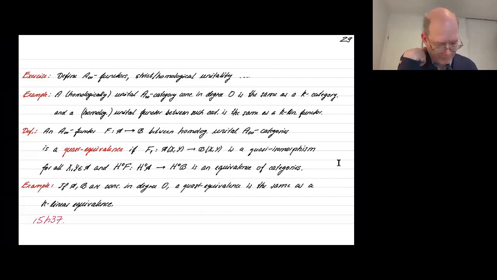So this is the natural extension of the notion of quasi-equivalence between DG categories. And if our categories are concentrated in degree 0, then a quasi-equivalence is the same as just a K-linear equivalence. So this is the natural A-infinity extension of the usual notion of K-linear equivalence between K-categories.